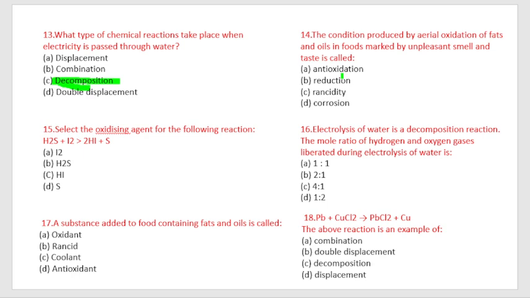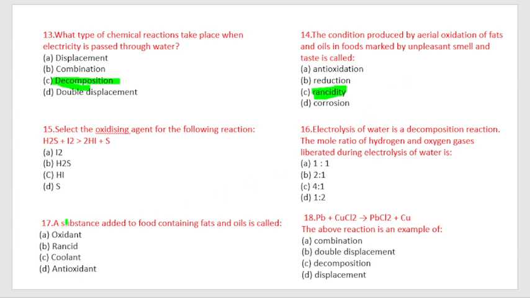When that packet is slightly opened, suppose 2 or 3 holes are there, what will happen actually? Air will enter into that packet and oxygen will react with it, is it? And at last there will be an unpleasant smell, is it? What happens there is that oil will react with atmospheric oxygen. Oxidation happens there, and this unpleasant smell and taste is called rancidity. We will say that the food has become rancid.